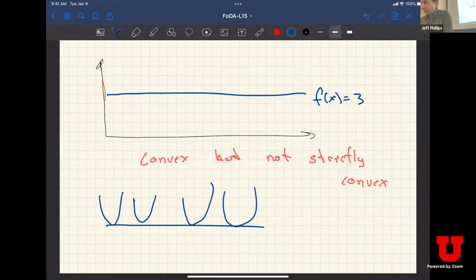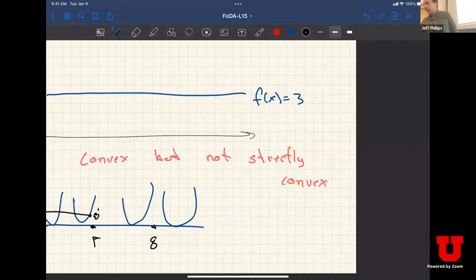If I pick a point P and Q here and draw the line across, the function value is always going to be lower if I pick P prime and Q prime, but I can pick any P and Q. So if I pick P here and Q here, the function value in between is going to be equal, which is not what you want.